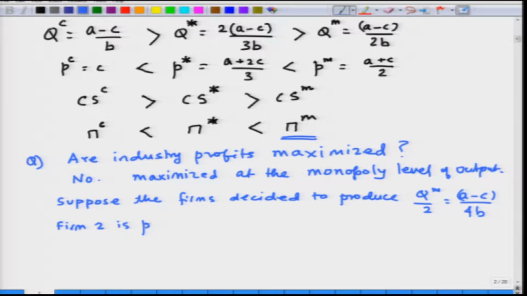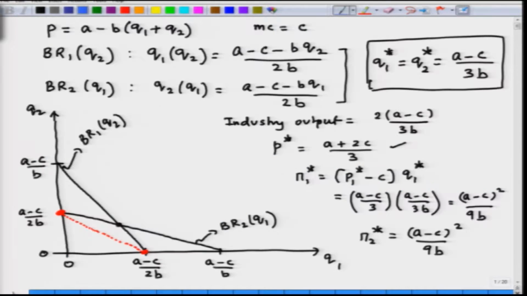is producing (A - C)/4B. So, in other words, if I go to the previous graph, (A - C)/4B is somewhere here. Let us say firm 2 is producing (A - C)/4B, and firm 1, which had earlier agreed to produce (A - C)/4B, let us ask whether firm 1 is going to honor its word or not.